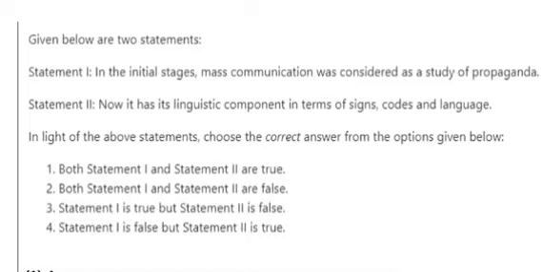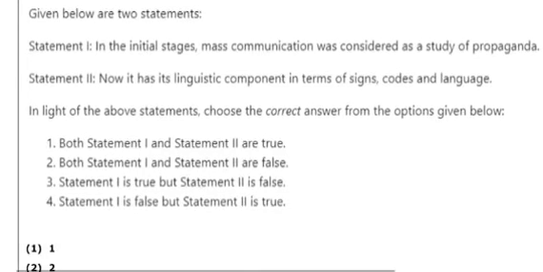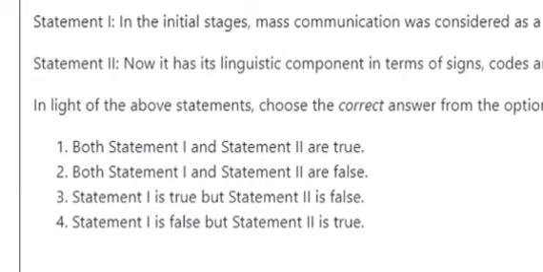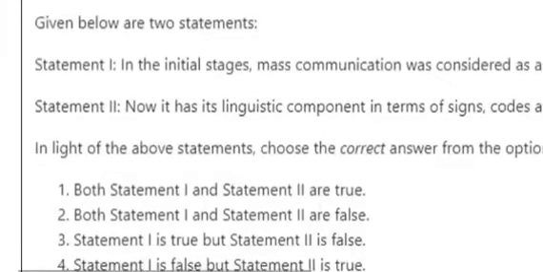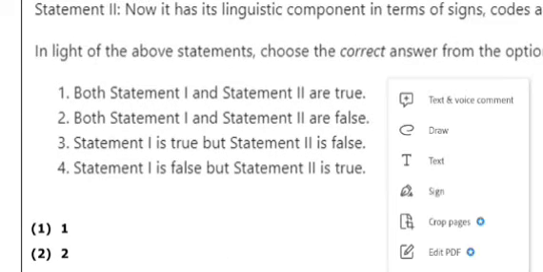In light of the above statements, choose the correct answer from the options given below. First: both statements are true. Second: both false. Third: statement 1 is true but statement 2 is false. Fourth: statement 1 is false, statement 2 is true. So number 19, it will be number 1. That means both statement 1 and statement 2 are true.